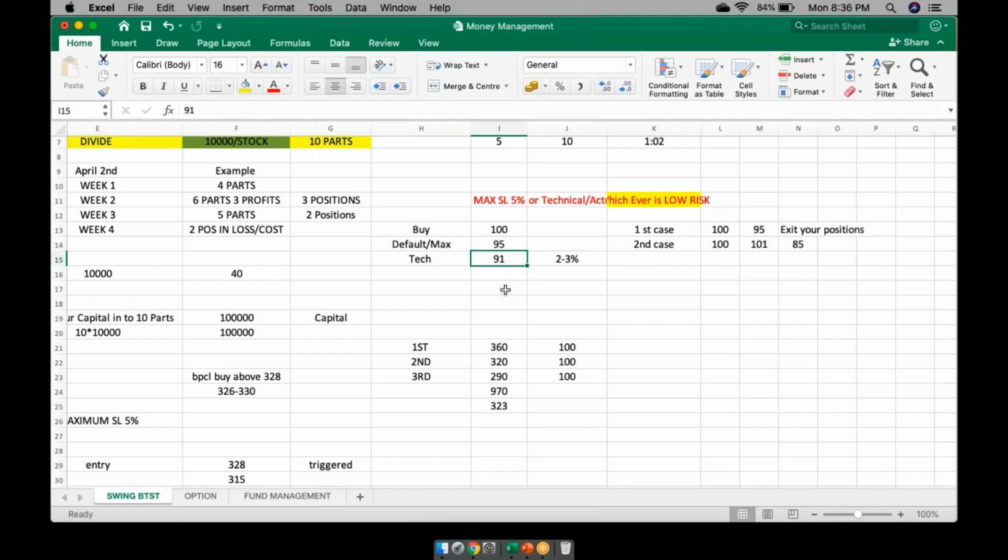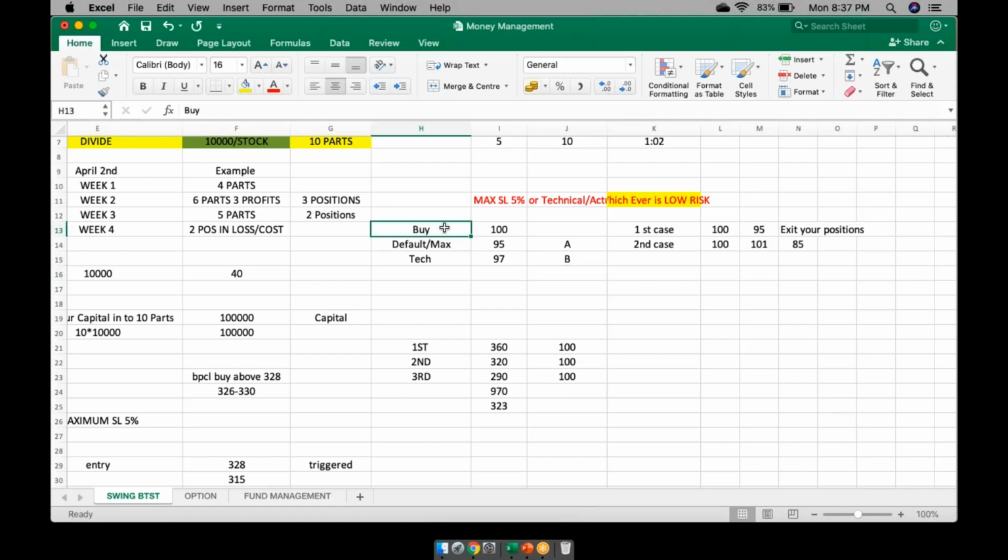Now, which is the stop loss to be taken, A or B? Technical stop loss we will teach you in the coming session, sir. Why is everyone confused? The right answer is B.